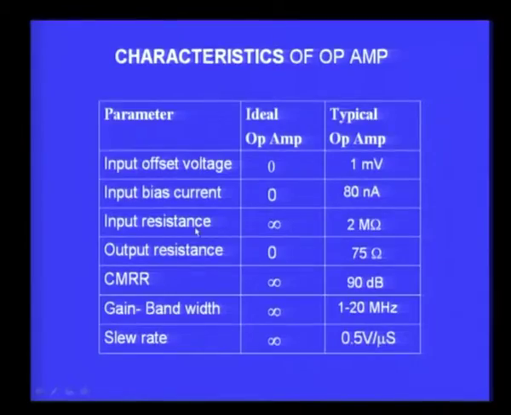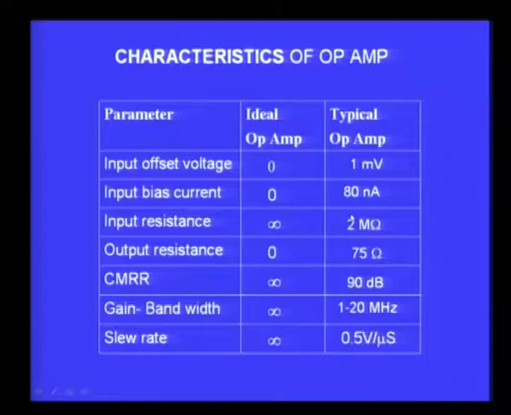Then if you look at the input resistance, you can see ideally the input resistance of a voltage amplifier should be infinity. We have seen it several times. So that the input source will not be loaded by the amplifier. Therefore, the input resistance of a good voltage amplifier should be infinity, and that is why the infinity is listed under the ideal op amp situation.